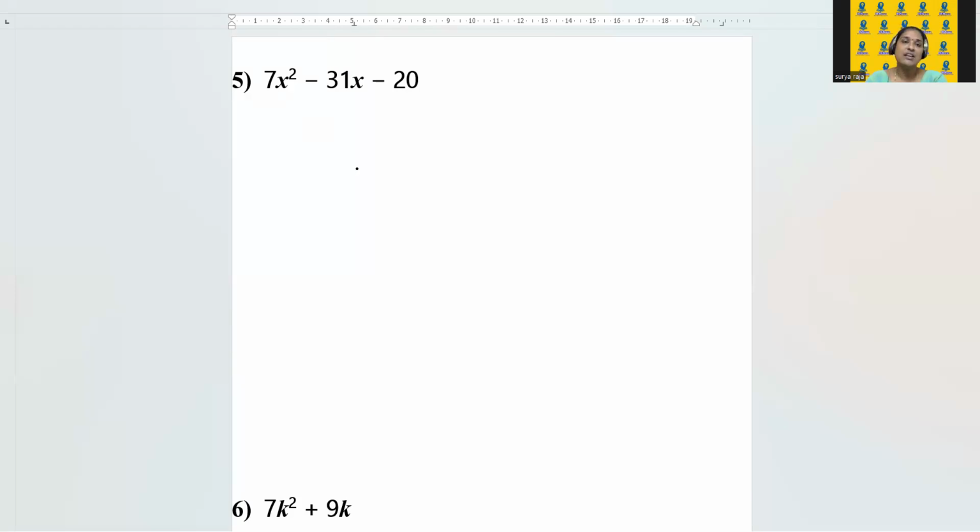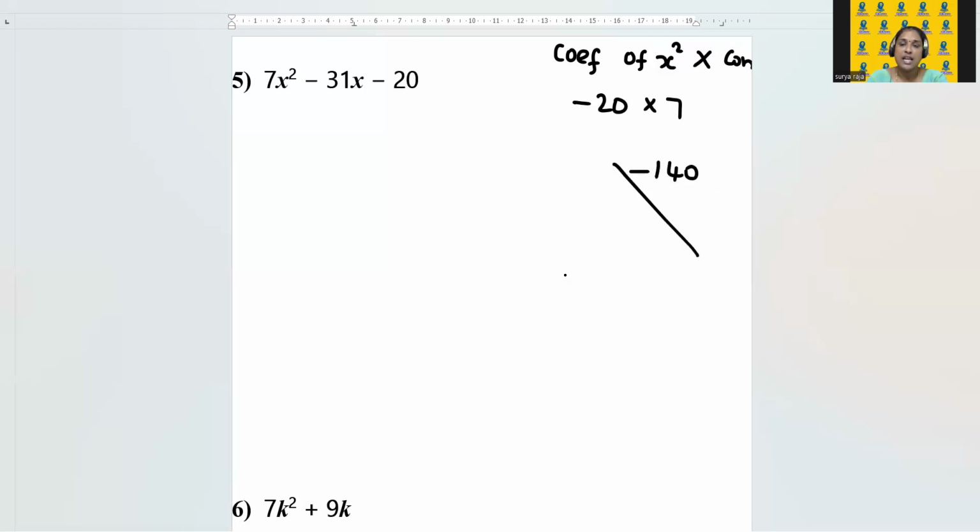Now, let me show you how to factorize this kind of expression. Our first step is to multiply the coefficient of x square and the constant. I got minus 20 times 7, minus 140, to be taken for finding the factors.